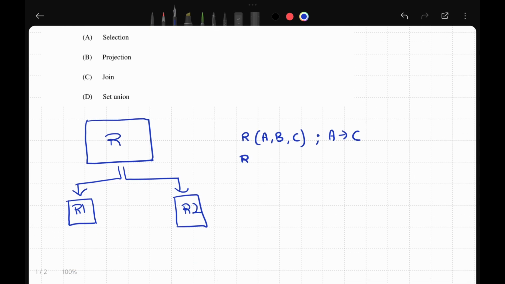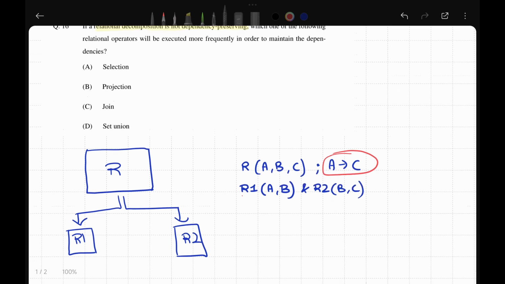Now say we have split that into R1, which has the attributes A comma B, and R2, which has the attributes B comma C. Now if we want to check for this dependency, we cannot use just R1 or just R2, right? So we will go further into this as I explain.